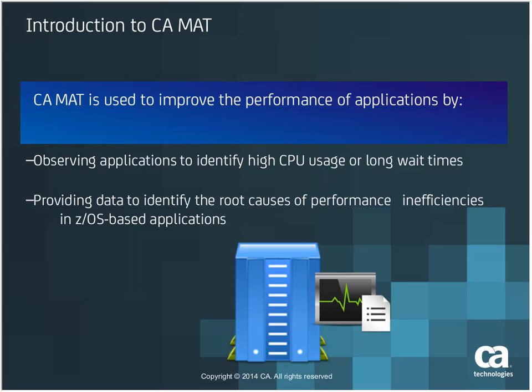However, CA MAT comes in from the application's perspective and shows you how your application is utilizing its resources. This helps us identify where in our application code we are experiencing either long wait times or excessive CPU utilization, and we get right down into the line of code in terms of identifying where in your application the issue is.